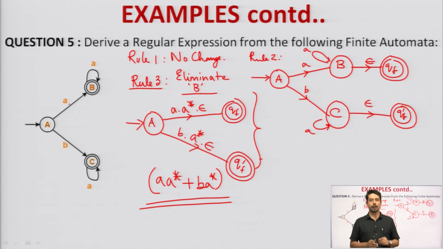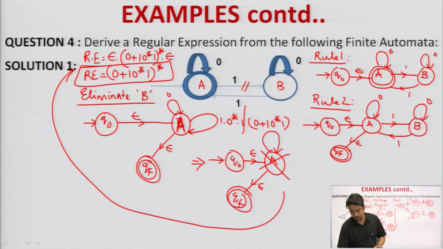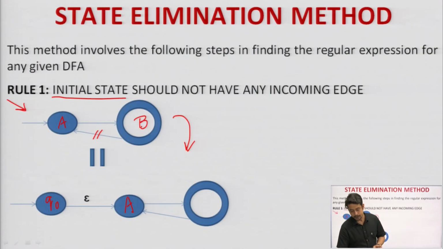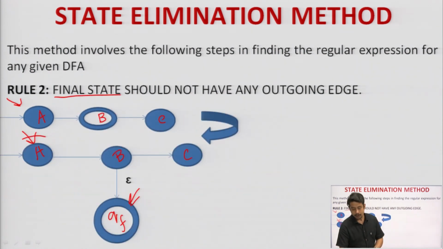So, this is all about how to convert a given finite automata to a regular expression with the help of the state elimination method. You only need to focus on rule number 1, where initial states should not have any incoming edges. How to solve it? I have shown you with an example. Then rule number 2 says that the final state should not have any outgoing edge.